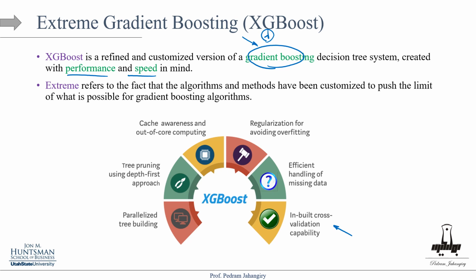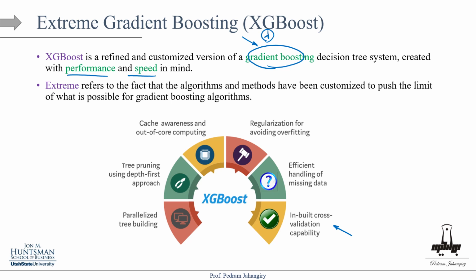So at each sequence, this cross-validation is done automatically. So without the model being completely trained, at each sequence the hyperparameters are going to be optimized and the optimized version is going to work for the next sequence, the next tree, and so on. So this is going to save us a lot of time down the road.